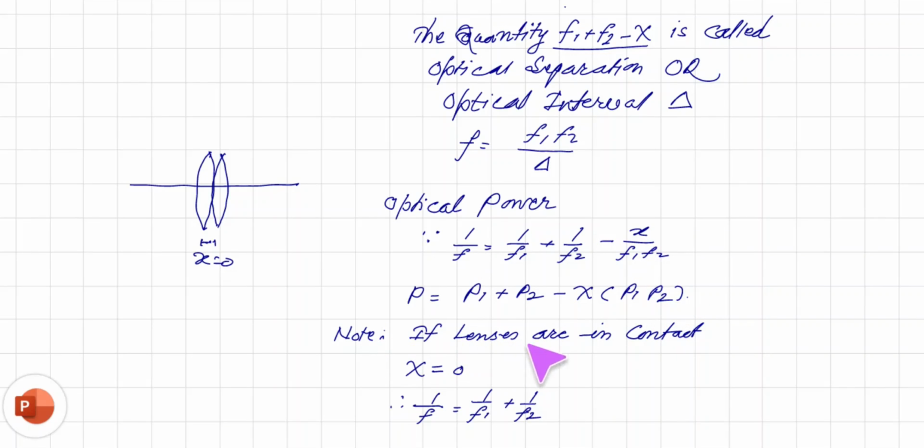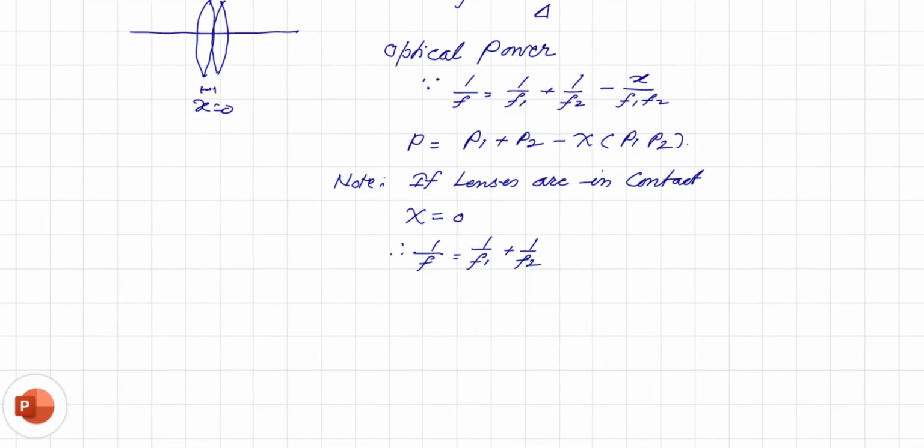Now note, if two lenses are in contact like this, that means the distance of separation is 0. So obviously 1 upon f is equal to 1 upon f1 plus 1 upon f2, and that is why the power is also P is equal to P1 plus P2.